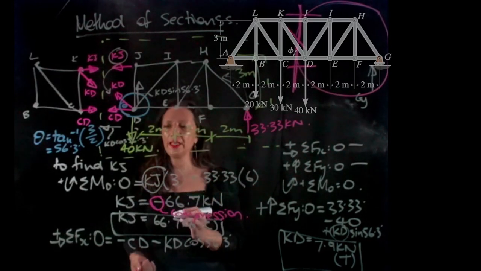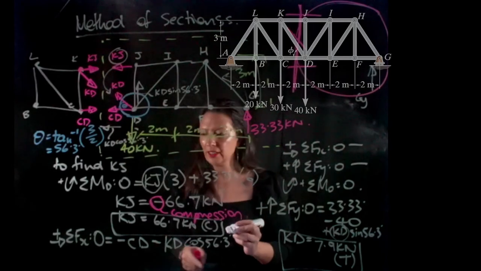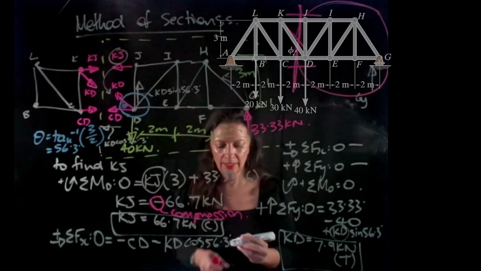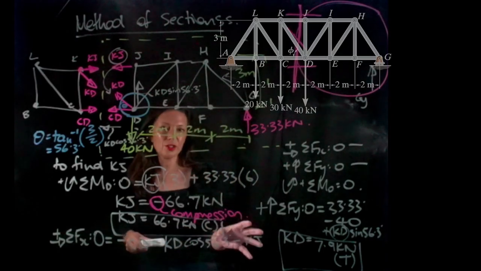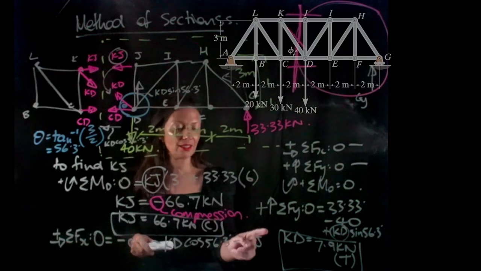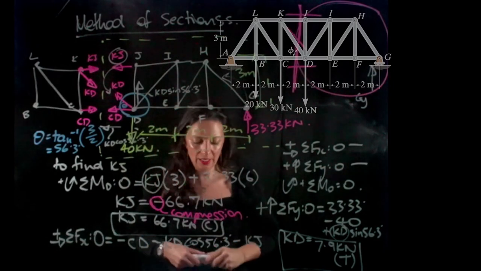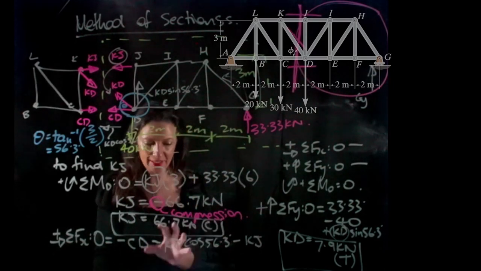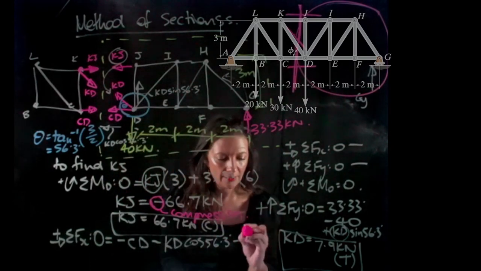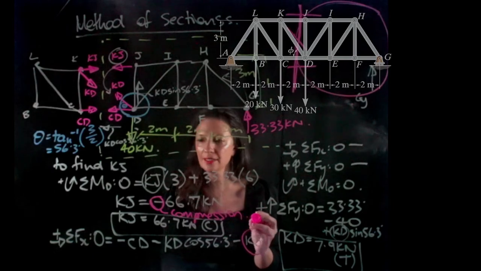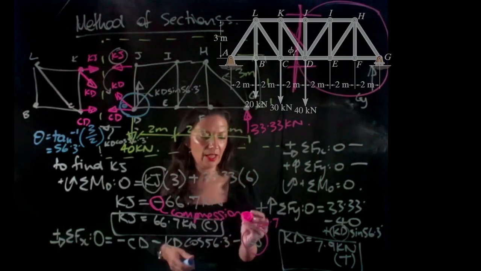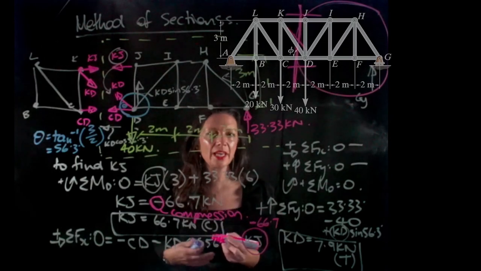And what else do we have? We have KJ, and that's in the negative direction. So we already assumed that KJ was in tension, but the answer is actually in compression. So when we rewrite this, we need to make sure that we say that that is negative 66.7 kilonewtons. And a negative and a negative becomes a positive.